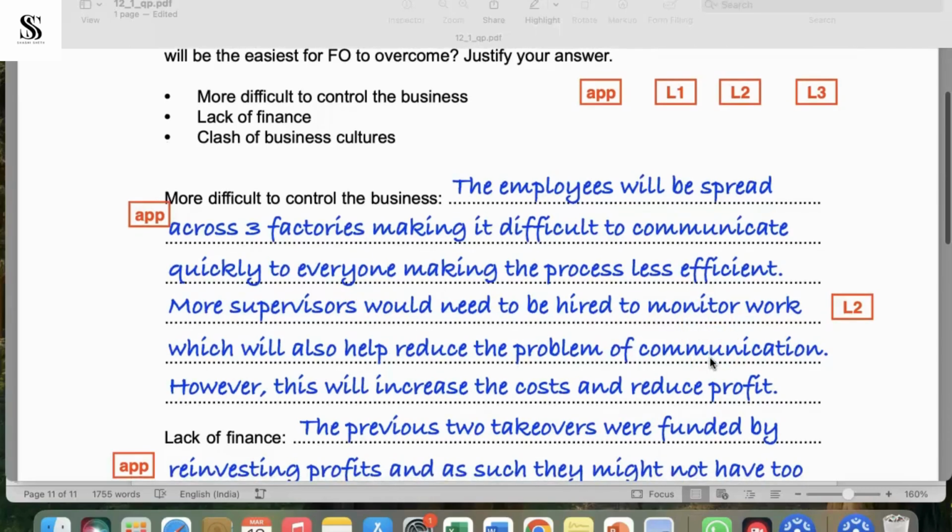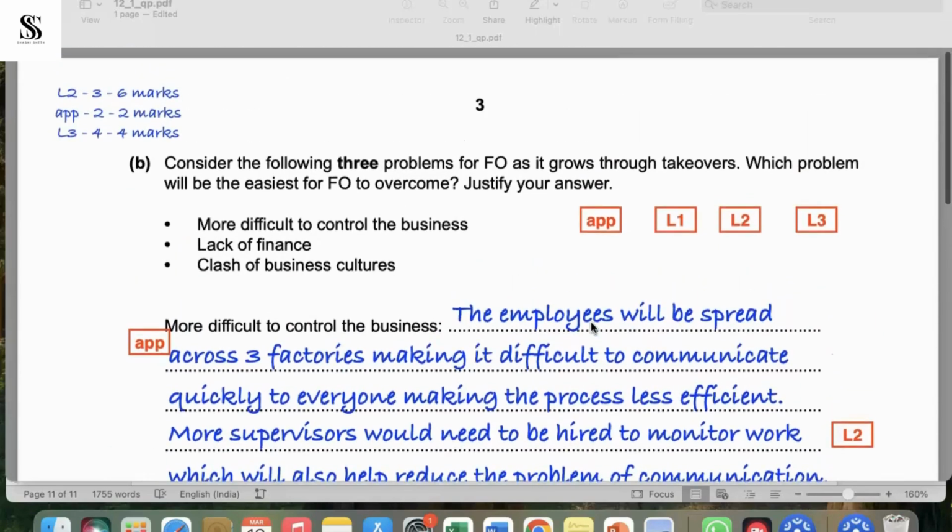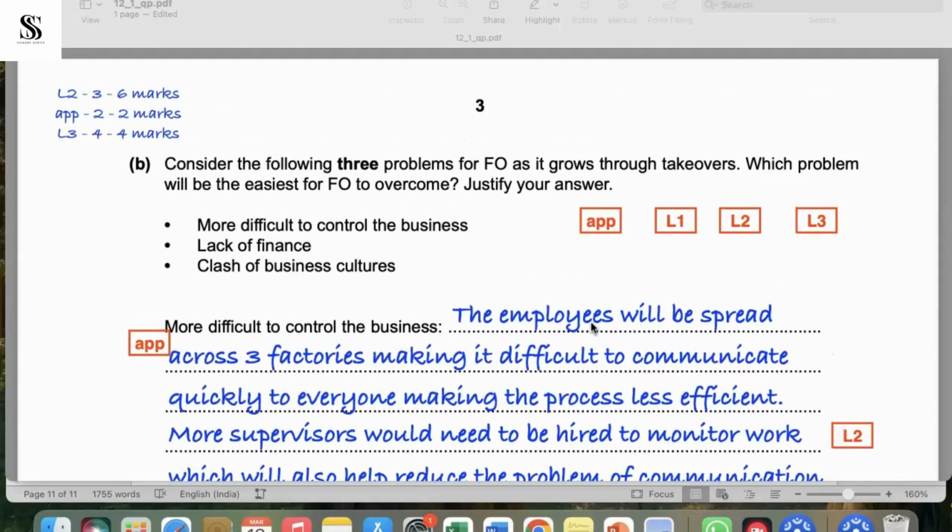So that's just an example of how something can be left midway, where you've just about stated the concept but not explained it further. That would just be marked as L1. All right. So I'll show you two other formats of these 12 mark questions in a bit.